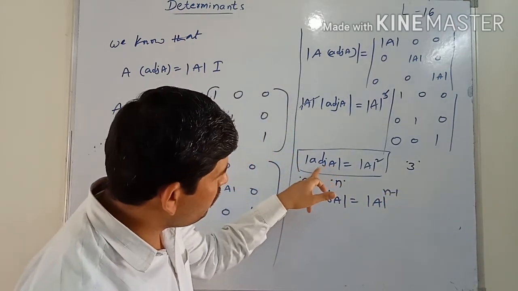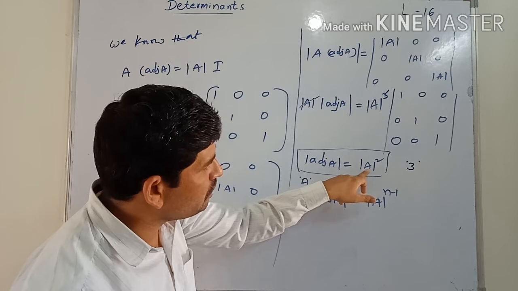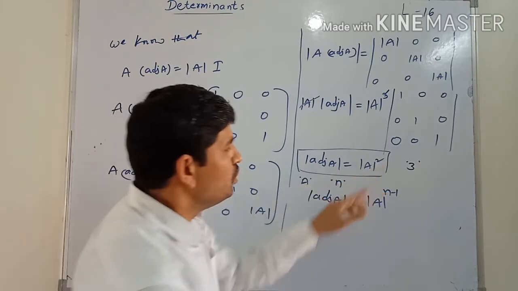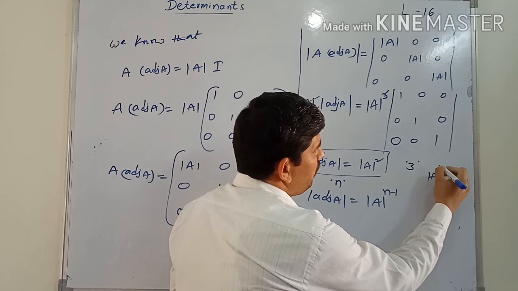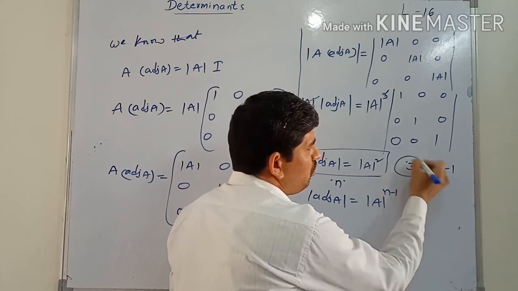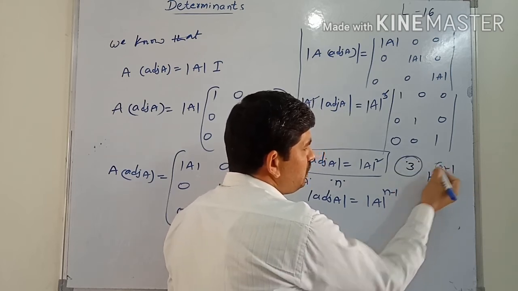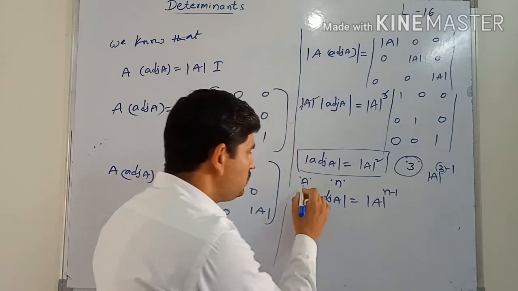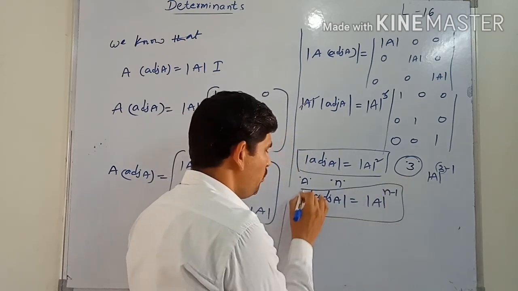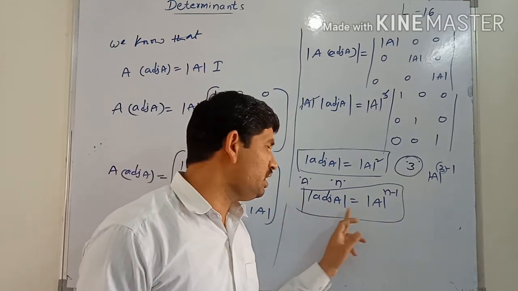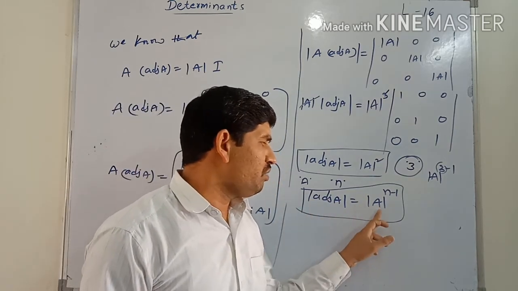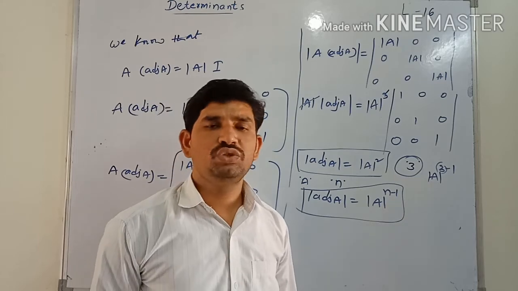Because for determinant of adjoint A we wrote determinant of A whole power 2. So now for this also we can write determinant of A whole power 3 minus 1. Yes or no? Order is what? 3. So in place of 3, I am going to replace it with n. This is a very important formula, all of you remember. In the objective questions also you will get this one. Determinant of adjoint A is equal to determinant of A whole power n minus 1.